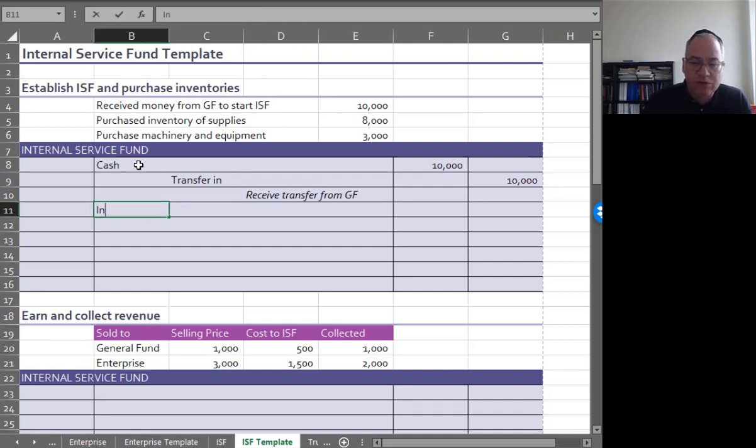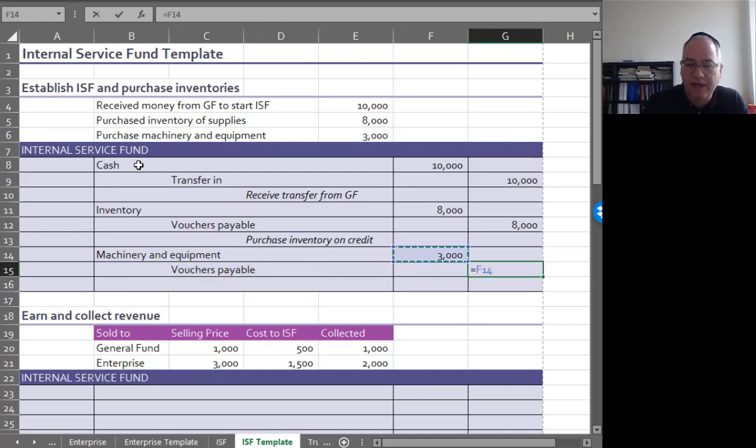And then we receive inventory, so we debit inventory for $8,000 and credit vouchers payable for $8,000. And then we purchase machinery and equipment on credit, so debit machinery and equipment for $3,000, credit vouchers payable, $3,000.